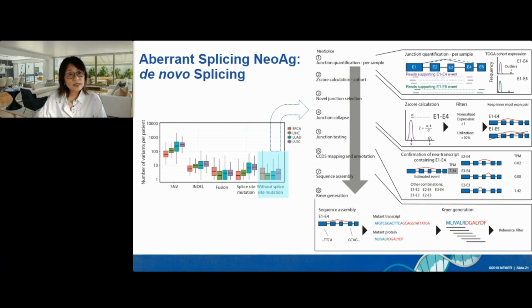Then we do another round of transcript quantification to make sure that the novel splicing events are indeed expressed. The novel transcripts will then be translated into k-mers for MHC binding prediction to identify neoantigen candidates.